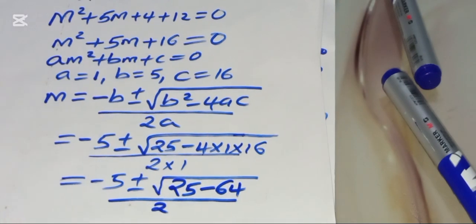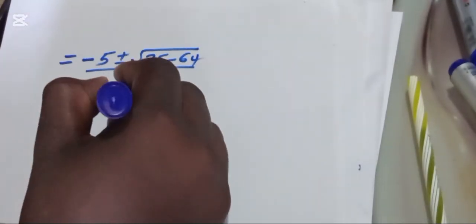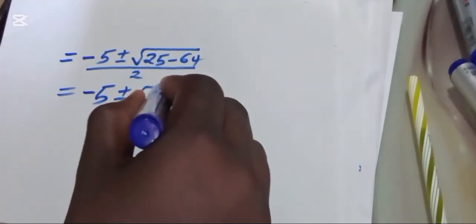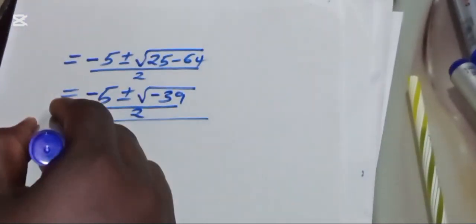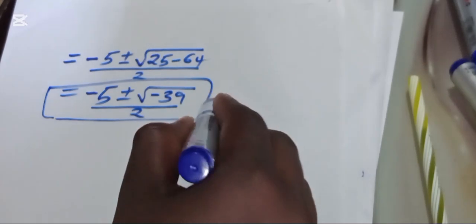Now from what we have here, let's proceed. So this is negative 5 plus or minus the square root of negative 39, divided by 2. Now these are two complex roots.